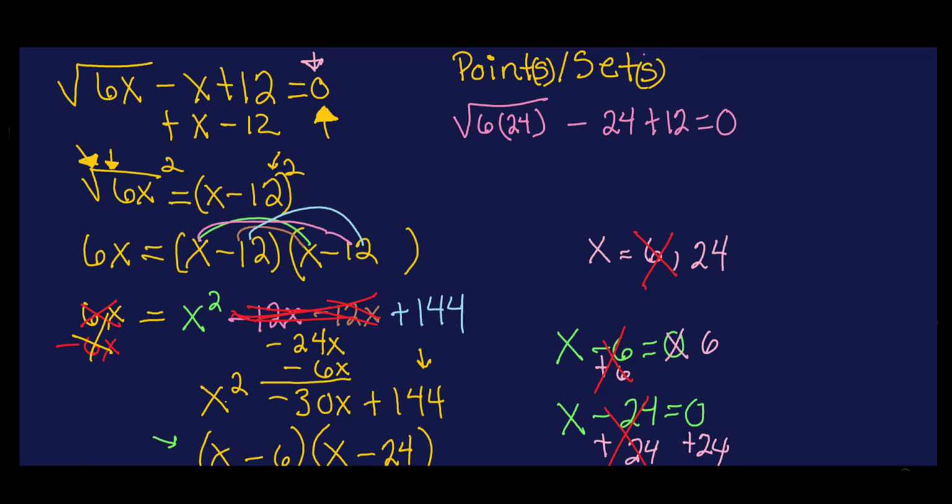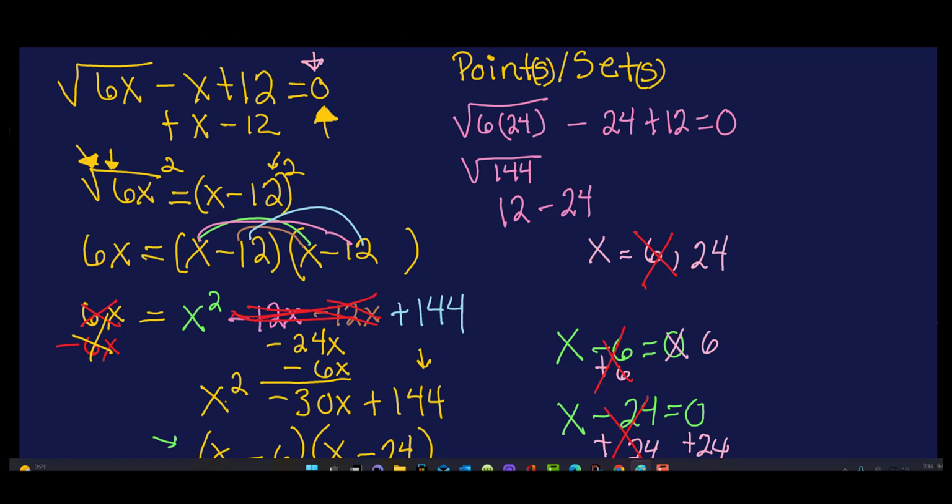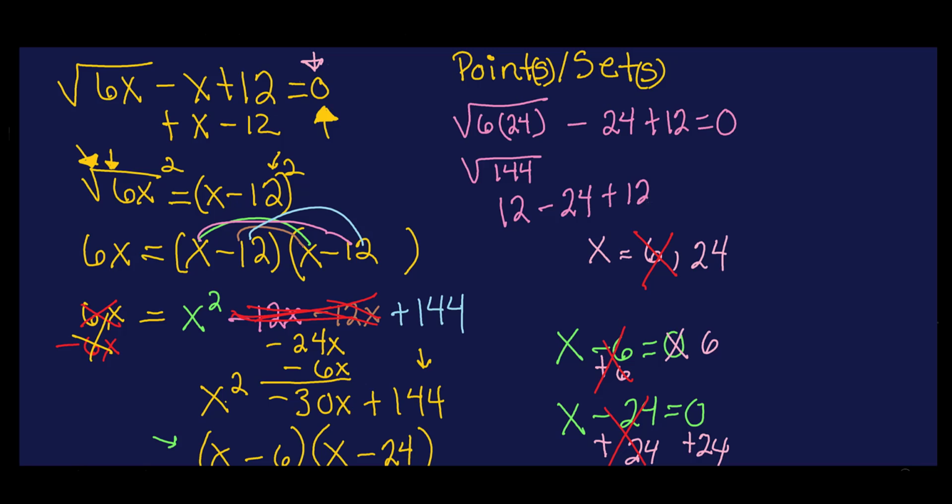And I'm going to use my handy-dandy calculator. You got 6 times 24, which is 144. 144, that is just like saying 12. Okay. Then you have 12 minus 24. So then you have plus 12.